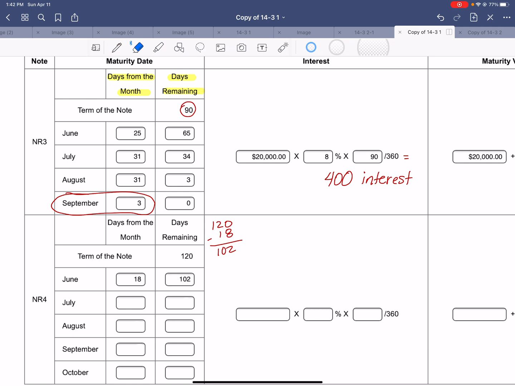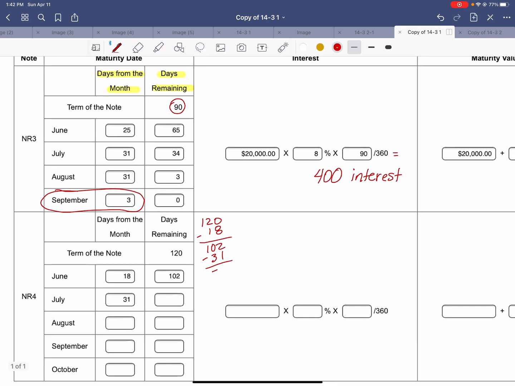Then July has 31 days, minus 31, and you'll come up with 71 days left. Then August has 31 days, and you have 40 days left. Going into September, there are 30 days in September, so there'll be 10 days left.